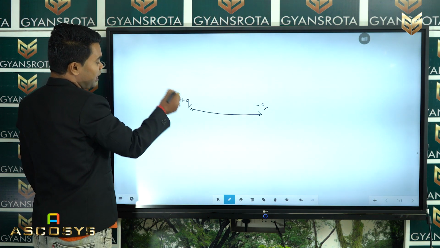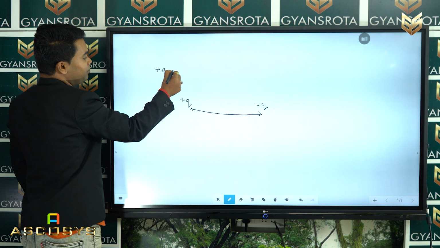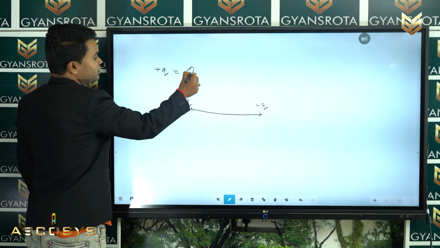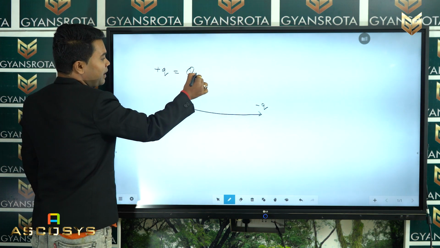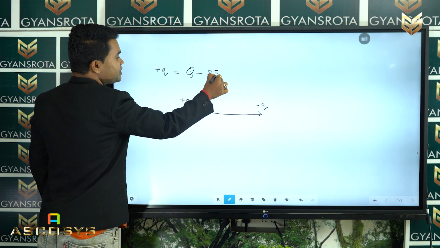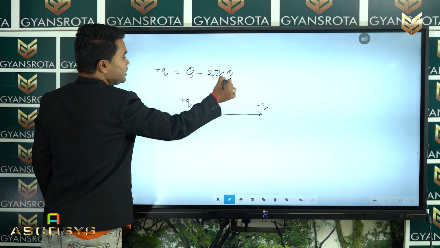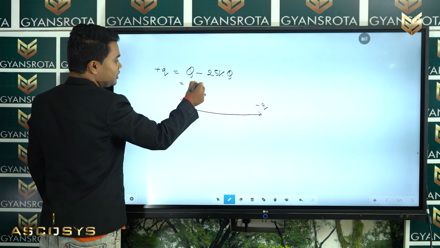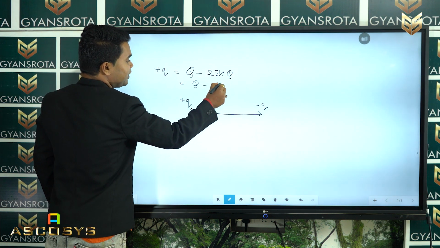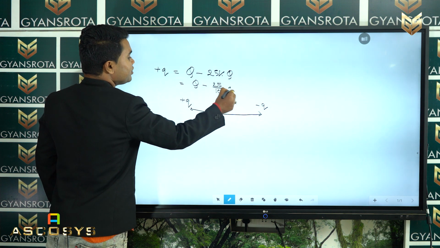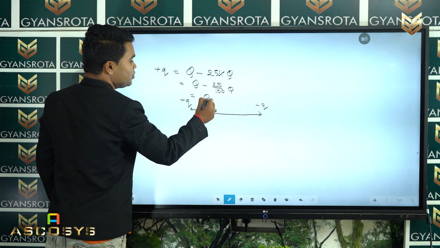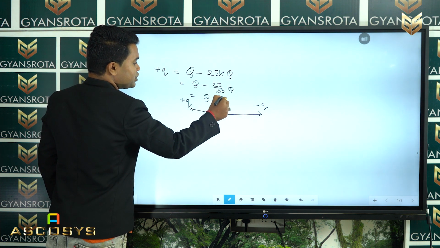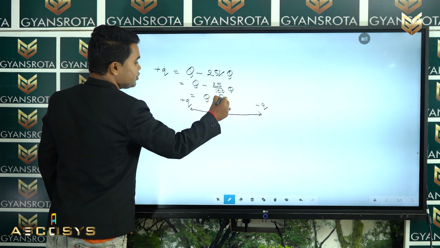So your charge plus q will become q, that is its original charge, minus 25% of its charge, which will get lost and will be gained by this one. Q minus 25 by 100 q, that means q minus 1 by 4 q, that is q by 4.